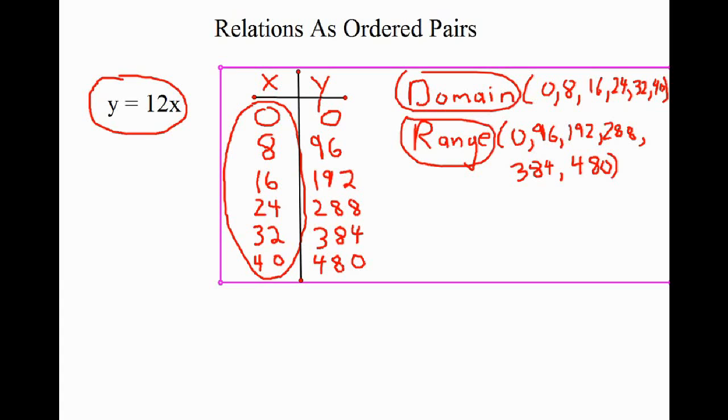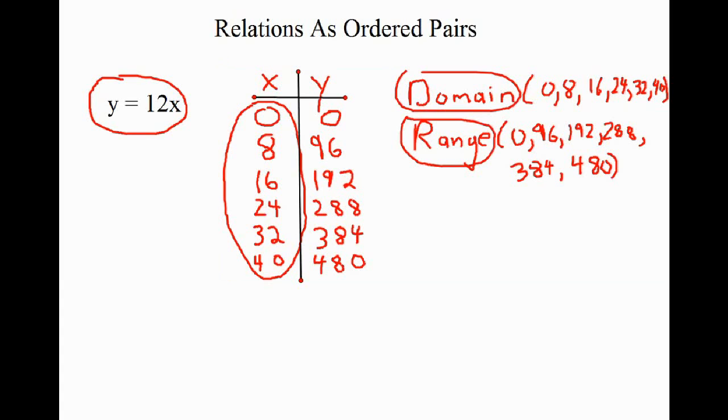Now the next thing we're going to talk about is writing these values as ordered pairs. An ordered pair is just what it sounds like. It's written as a pair in order. Usually we put ordered pairs in brackets, and they're ordered because they go in alphabetical order. The x value always comes first, and then the corresponding y value.